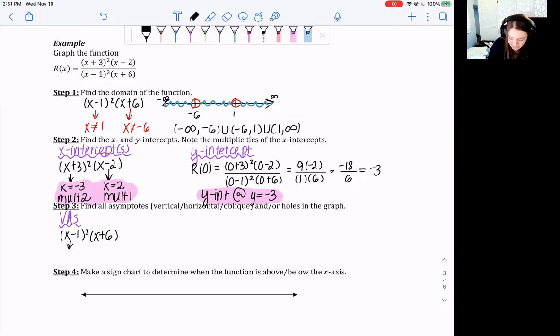Here we get x equal to 1. And notice that the multiplicity on this vertical asymptote is 2. For the next one, we have -6, and the multiplicity is 1. So there are vertical asymptotes at 1 and at -6.